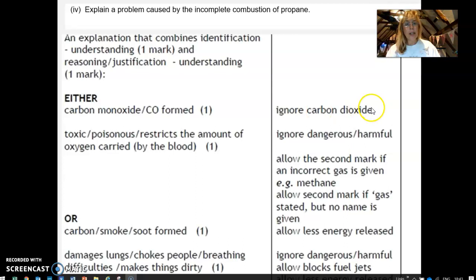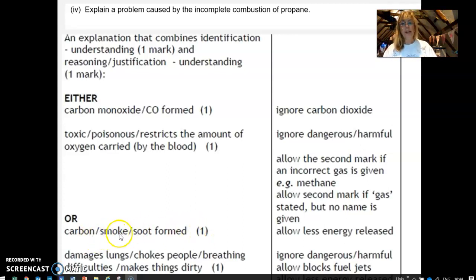Any mention of carbon dioxide doesn't get you a mark. Any mentioning of it's dangerous or harmful is not enough scientific detail to get the mark. If you made a mistake and you said methane, or you said gas, they will allow 1 mark only. Okay, now the second point, because it's incomplete combustion, you're going to get carbon as well.